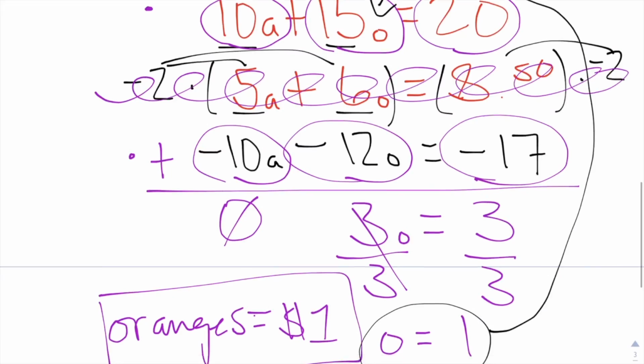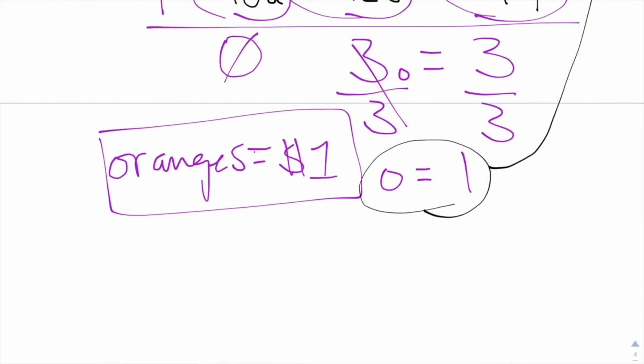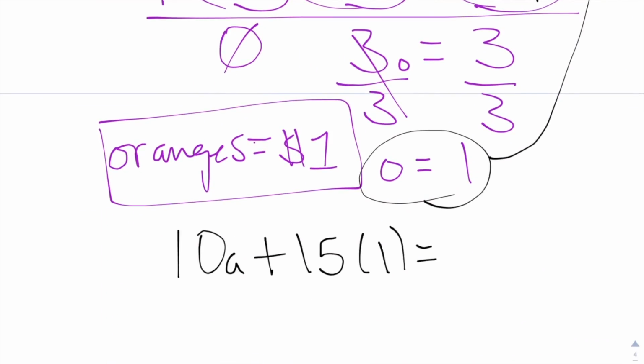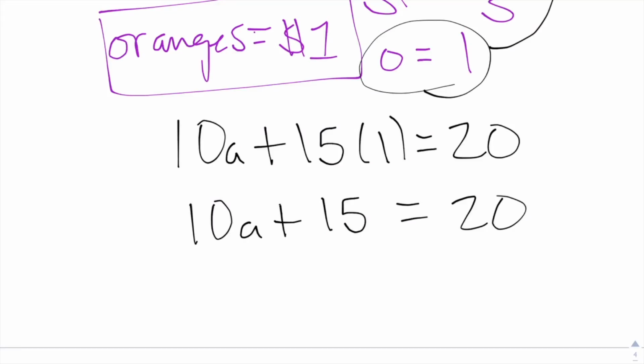So 10A plus 15 times 1 equals 20. Now again, we just multiply. 10A plus 15 equals 20.